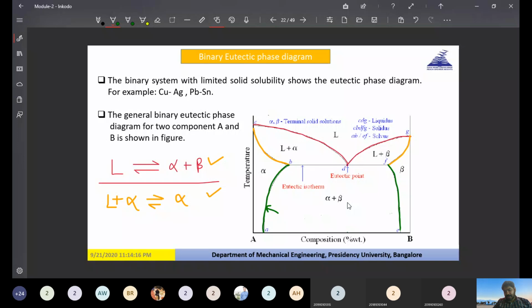Yes, sir, that is a much better definition. If you cross this line, you will find one solid phase converting into two solid phases. Such a line is known as the solvus line. This is the solvus line.